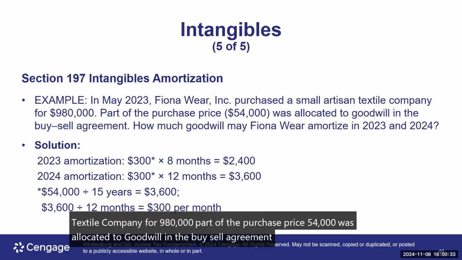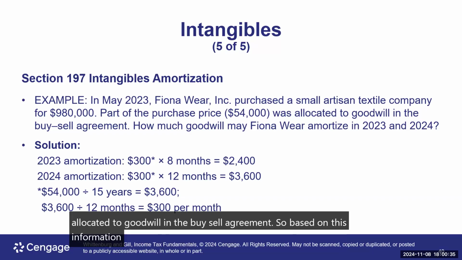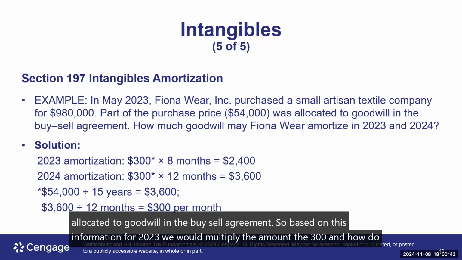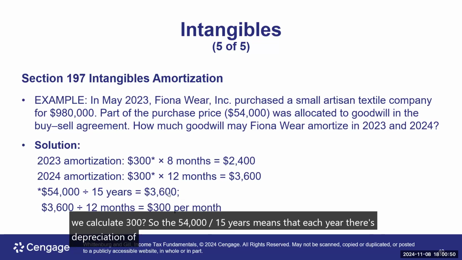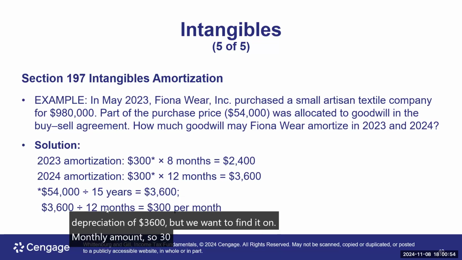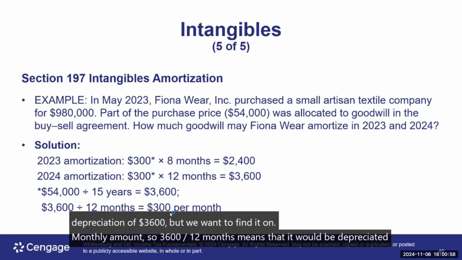So based on this information, for 2023, we would multiply the amount, the $300, and how do we calculate $300? The $54,000 divided by 15 years means that each year there's amortization of $3,600. But we want to find it on a monthly amount. So $3,600 divided by 12 months means that it would be amortized by $300 per month.